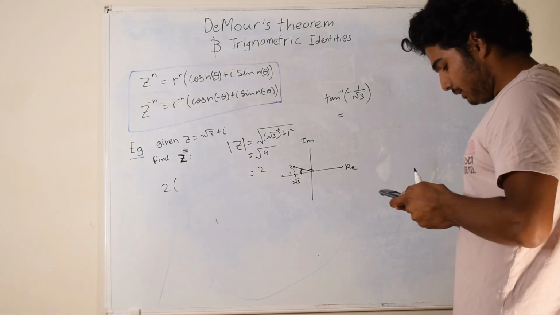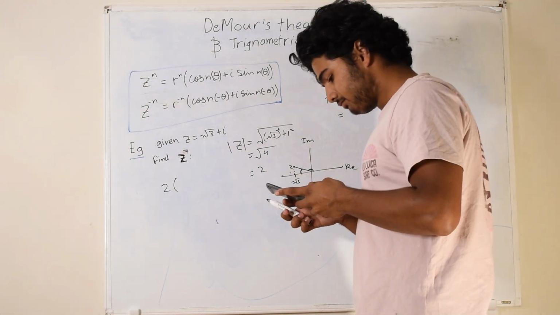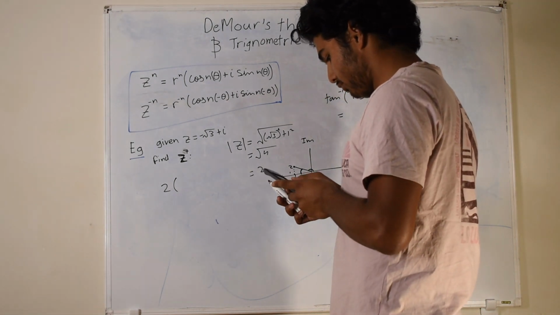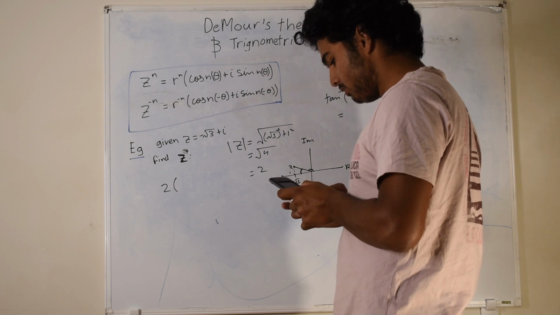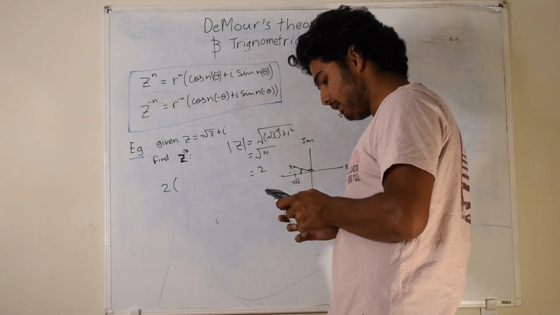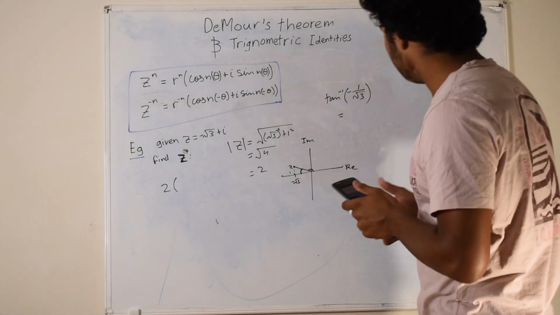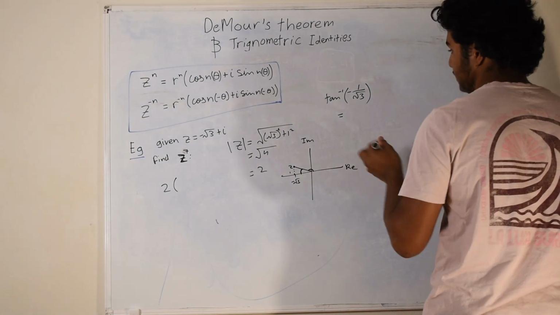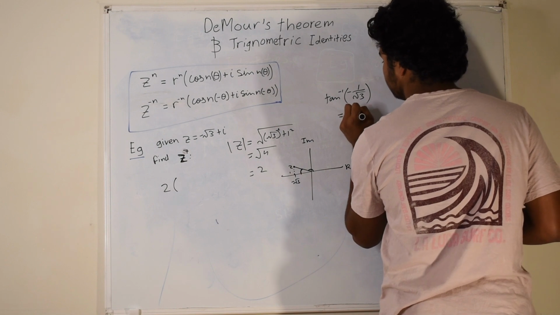So the answer to that would be inverse tan of 1 upon minus root 3, which gives minus pi on 6, 30 degrees. So the answer is minus pi on 6.